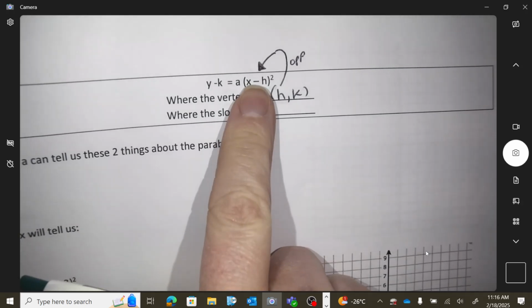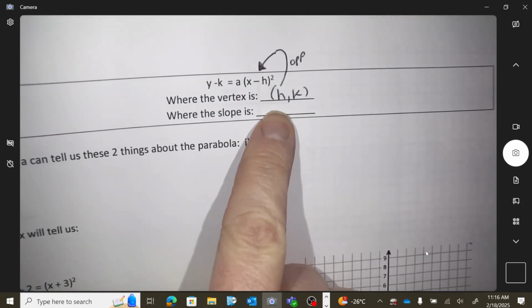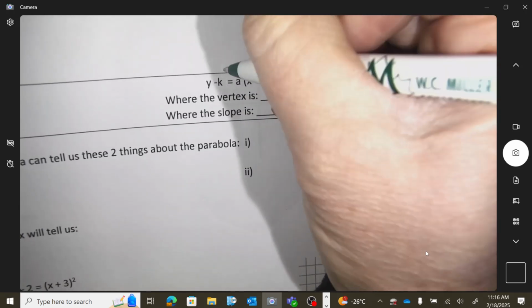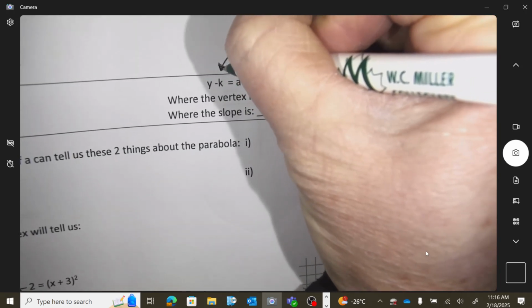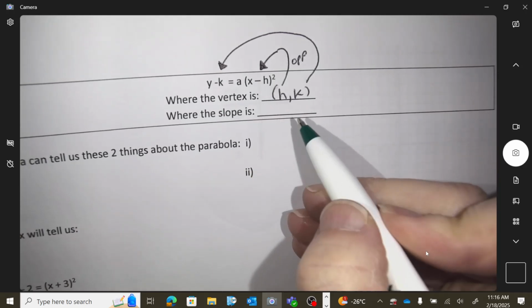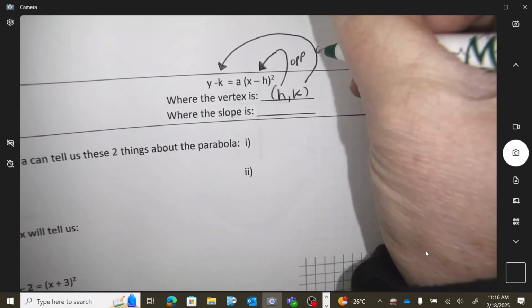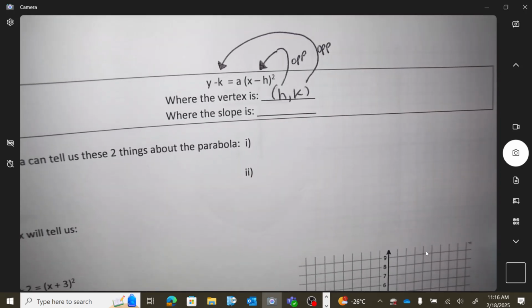So if this says plus 5, I'm going to write minus 5. And because this formula has a negative k, I'm also going to write the opposite.